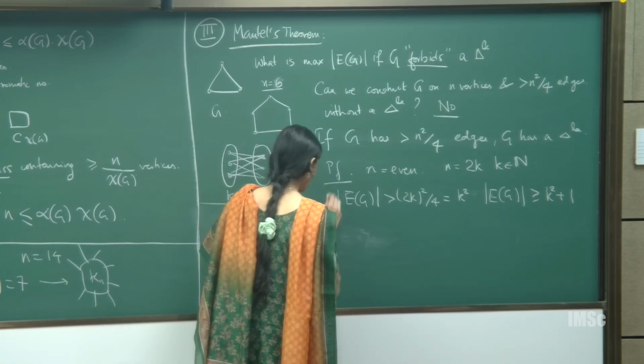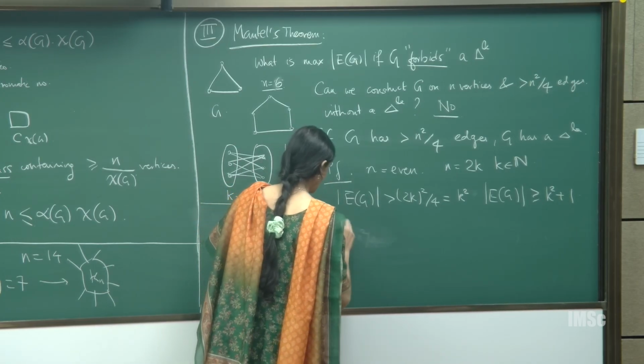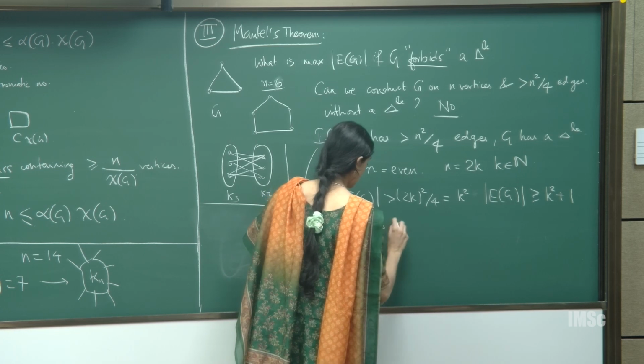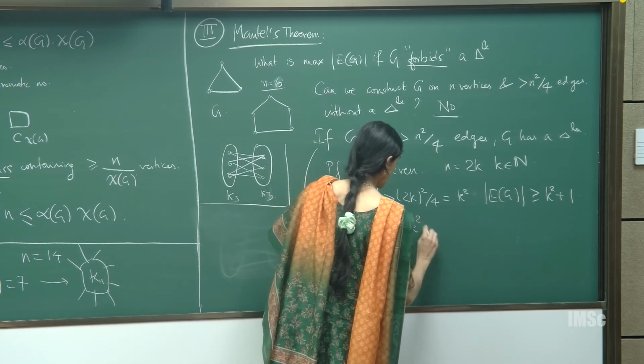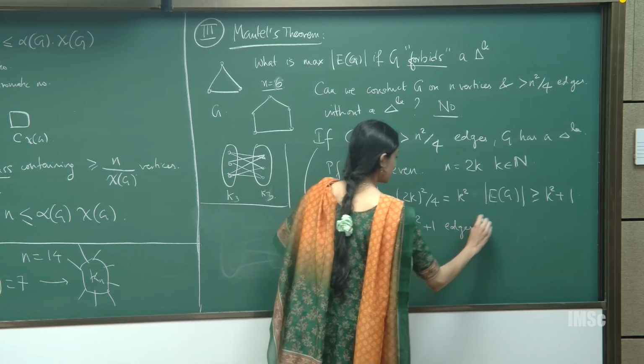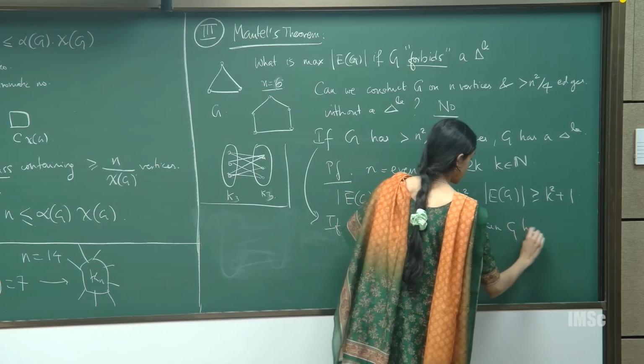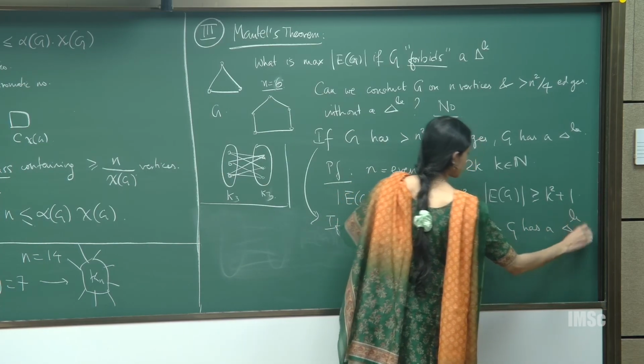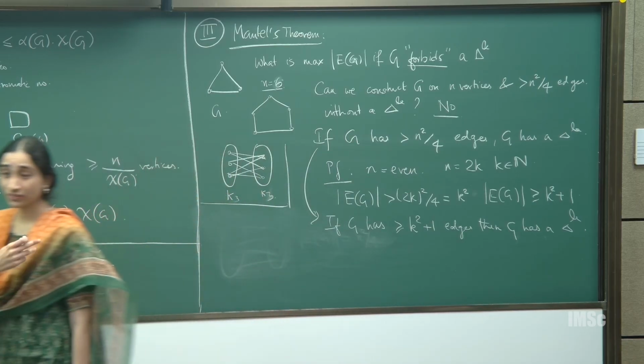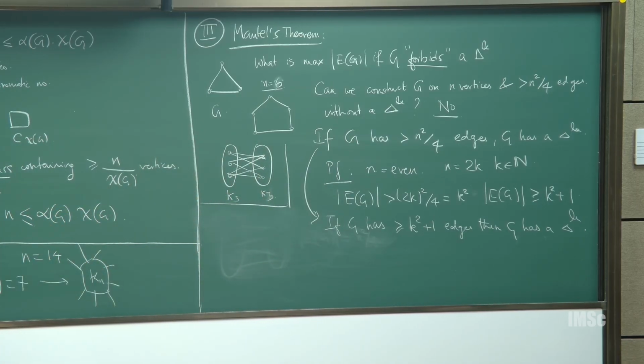So what I have to show is the same as saying if G has k square plus 1 edges, then G has a triangle. I mean that's what we need to show. So if k is 1, in other words there are just 2 vertices in the graph, what can you say?